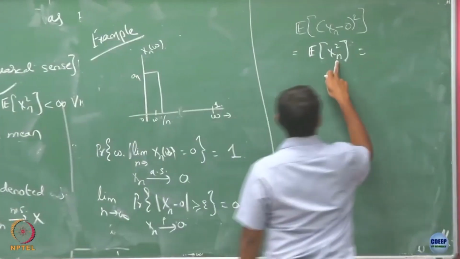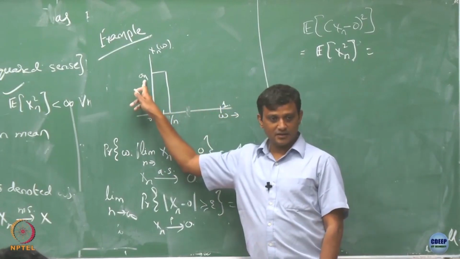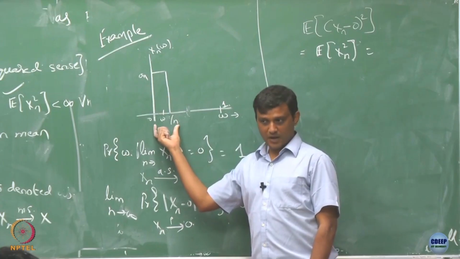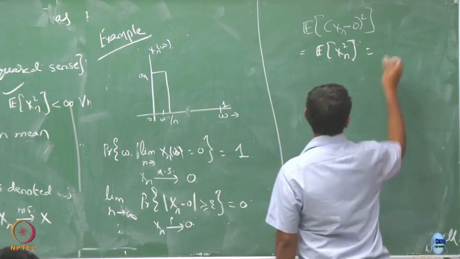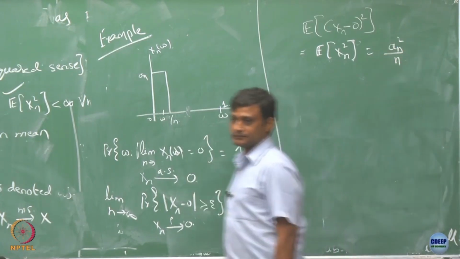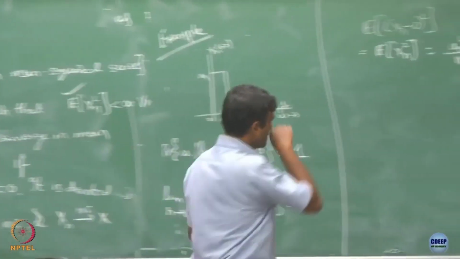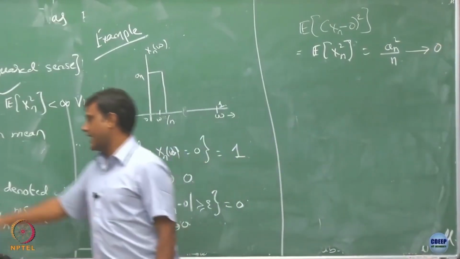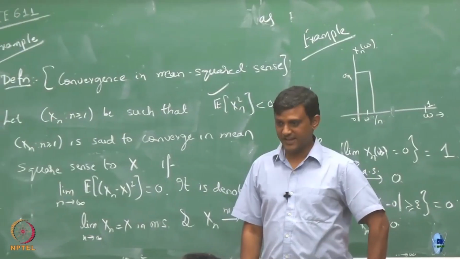So xn is taking what value? It is going to take value an with probability 1 by n, and with the other probability it is going to take value 0. So this is going to be an square by n. Now I want this to go to 0 if I have to claim that xn converges to 0 in mean squared sense.